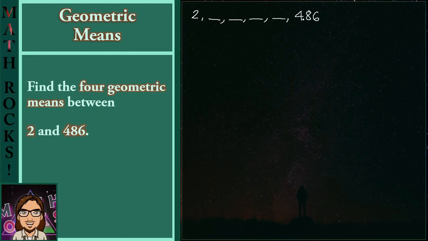And now you will notice that we have a total of 1, 2, 3, 4, 5, and 6 terms. We may have an assumption that the first given number 2 is the first term in the sequence, while the sixth term in the sequence is the other given, 486.